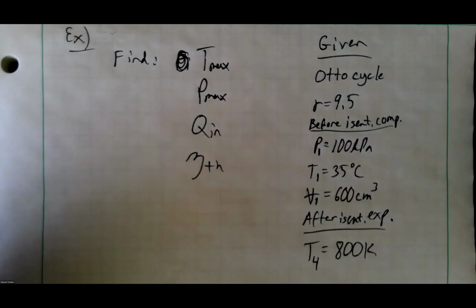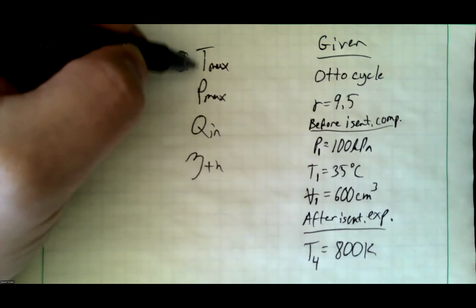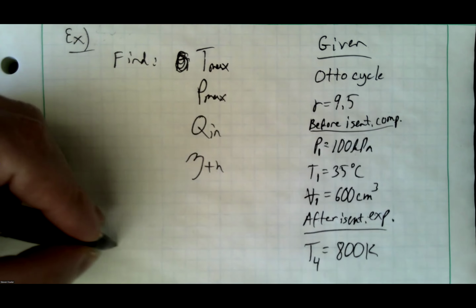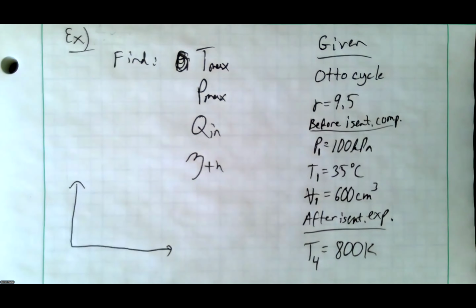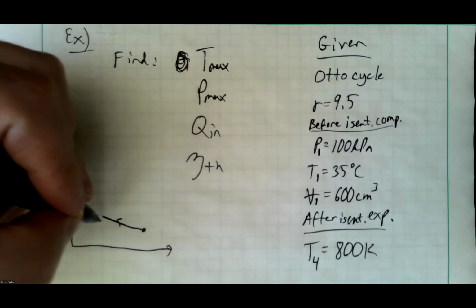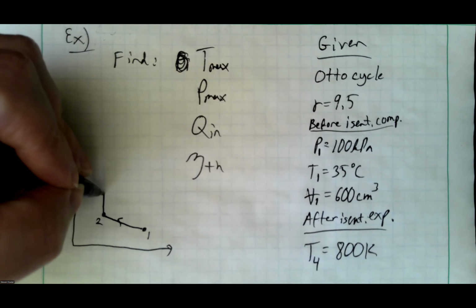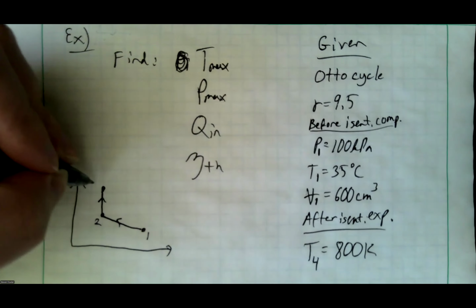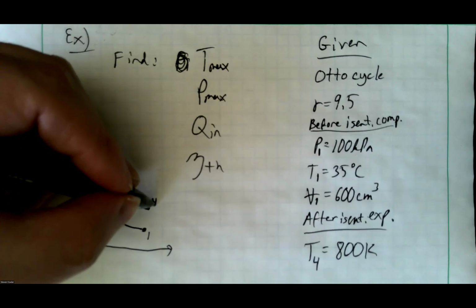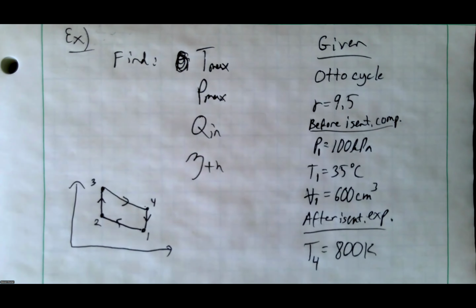First and foremost, notice: what are T max and P max? Where do those occur? I'm just going to draw roughly the Otto cycle diagram so we can refer back to it here. State 1 is up here, and you compress to state 2. So this is 1, 2, and then we go constant volume heat addition to state 3, isentropic expansion down to state 4, and then constant volume heat rejection from 4 to 1.